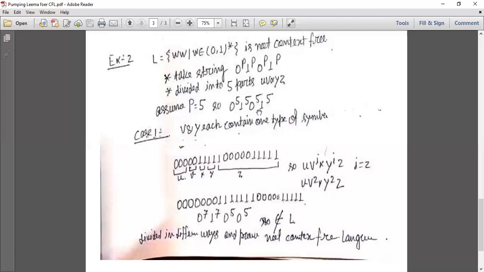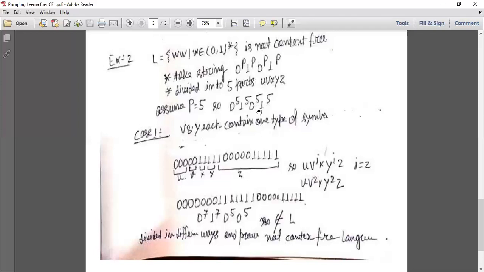Now the condition 1 is u v to the power i x y to the power i z, right? So put the value of i equal to 2. You can put the value 3, 4, 5, right? I have already told you why we put i equal to 2. So the string is u v square x y square z.